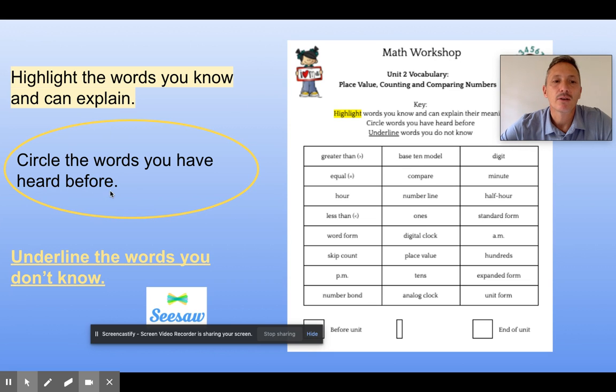Circle the words that you have heard before, but can't really explain. I know I've heard it before, but I didn't really remember what that word might mean. So then you'll put a circle around it. And then you can underline the words that you don't know. So I haven't heard of it before. I don't know what it means. I have no idea what that word is. That's the one that we want to learn, and we want to underline those. Okay, so we will be learning all of these words in this next math unit of place value and counting.